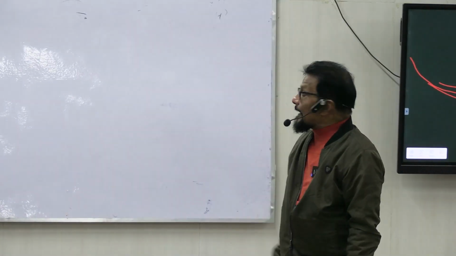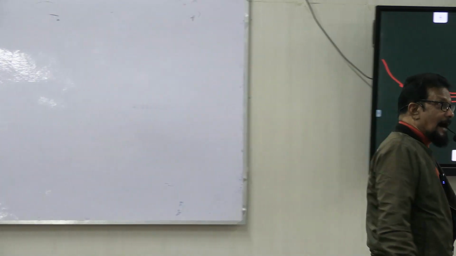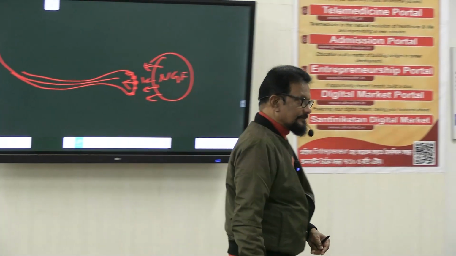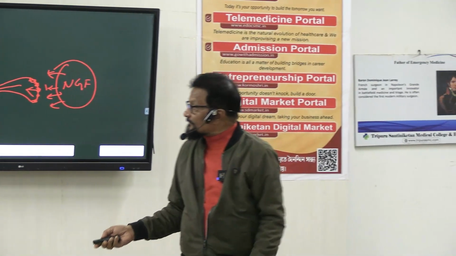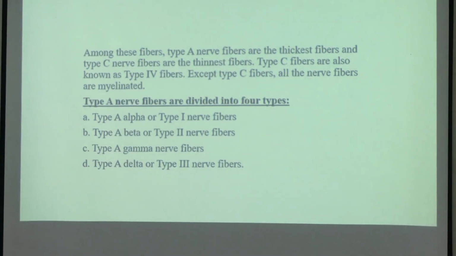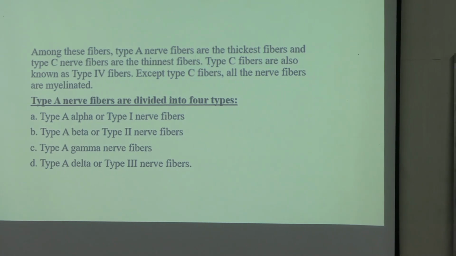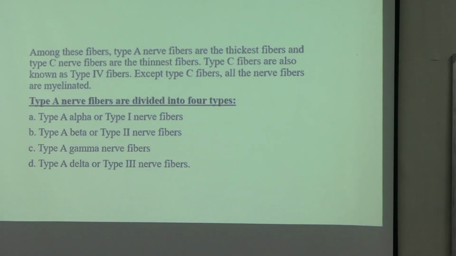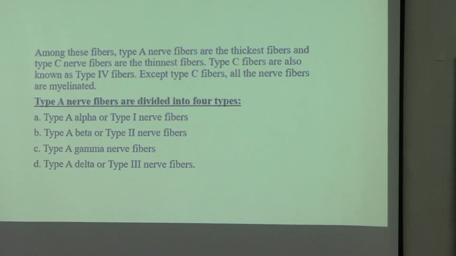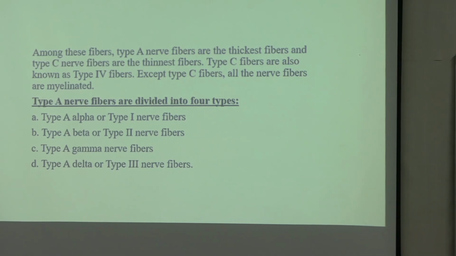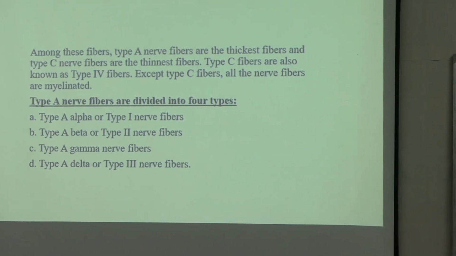The nerve fibers, type A fibers, are also further classified. Let us see this classification. The type A fibers are also called alpha fibers. They are also called type 1 fibers. Type A has alpha, beta, gamma, delta varieties.